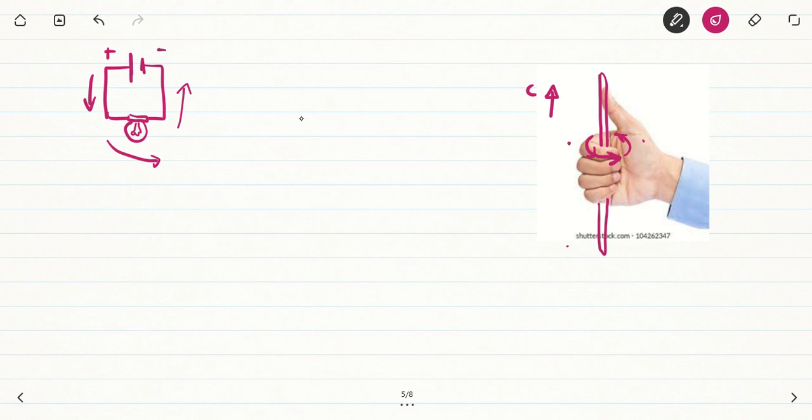It's pretty clear that this would be positive and this would be negative. Why? Because remember, you already know that when the magnetic field is flowing in an anticlockwise direction, current is flowing upwards. And because current is flowing upwards, we know that current flows from a positive terminal, which is this one in this case, to a negative terminal, which would be this one.